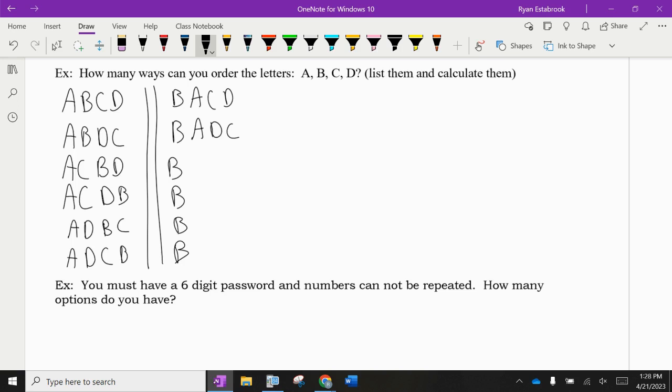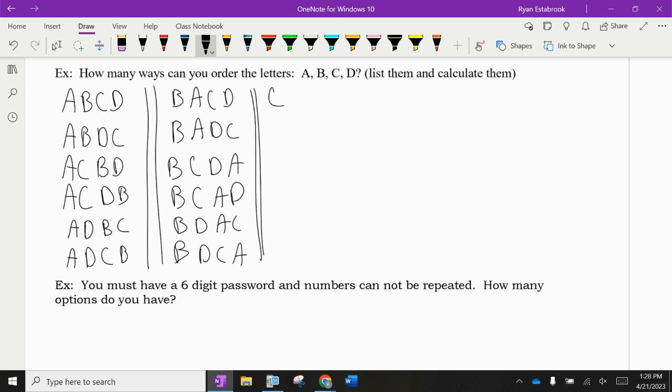How about BCDA, BCAD, or BDAC, BDCA? Those are all my B possibilities. So if there's 6 ways that A can lead off, 6 ways that B can lead off, then how many C would there be? 6. How many D's would there be? 6.